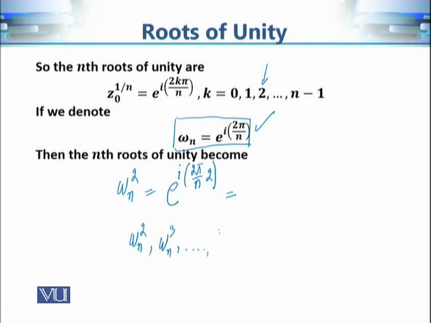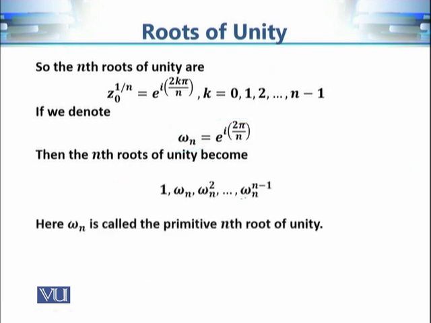And if I want to get all the roots of unity, then I need to take powers of this omega n up to n minus 1. And of course, when k is equal to 0, then we are always going to get 1. So this is the nth root of unity that we used to use in our schools, but these are the other roots that we found using this method.